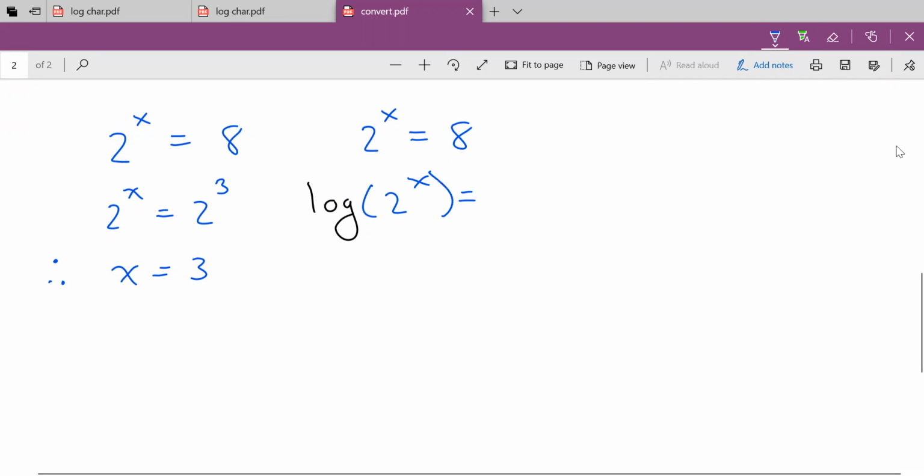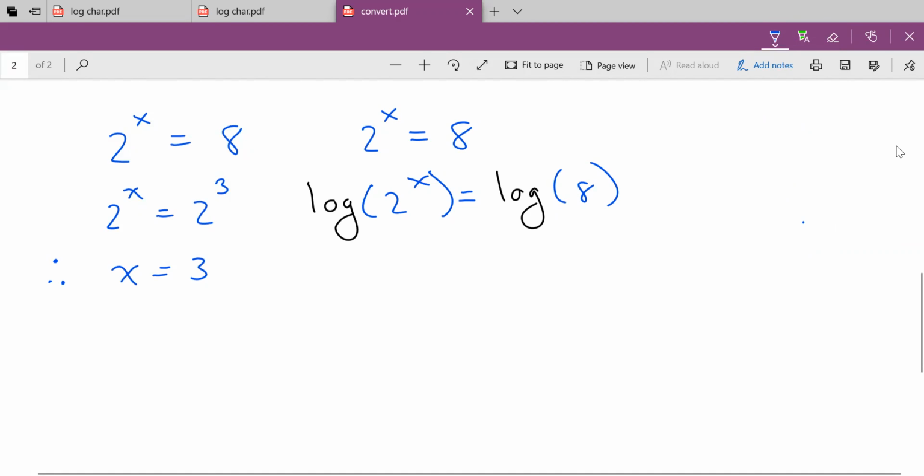Remember, when I was a little guy, my teacher always said, what I do to one side, I do to the other, and the reason is that it maintains equality. Remember, this log button, when you push it on your calculator, is performing a massive operation, just like other buttons on your calculator, doing a big chunk of computations. Same thing when we hit logarithm.